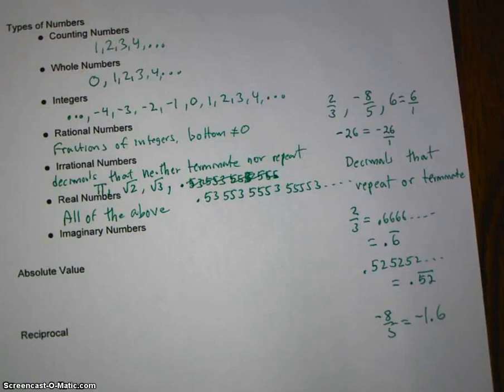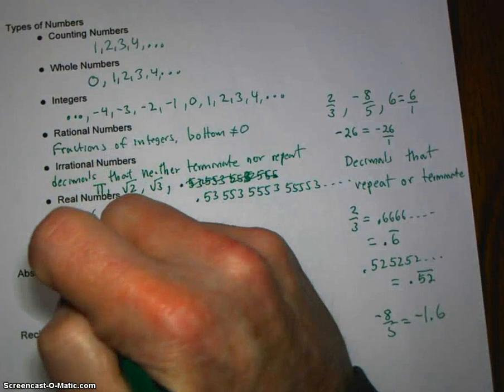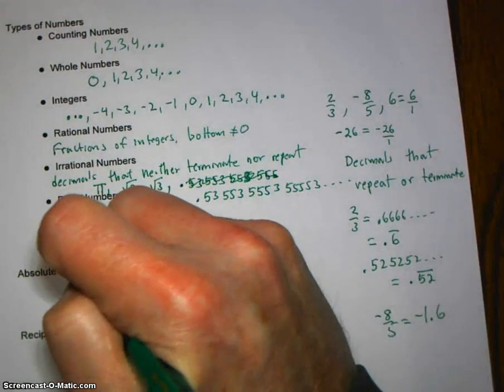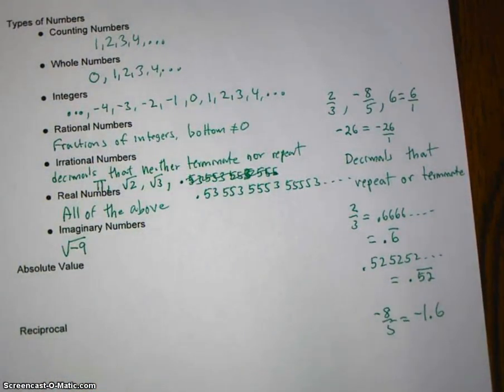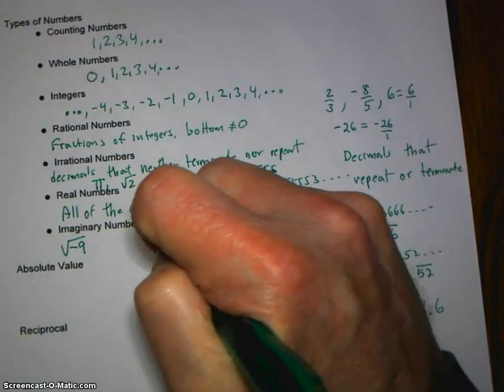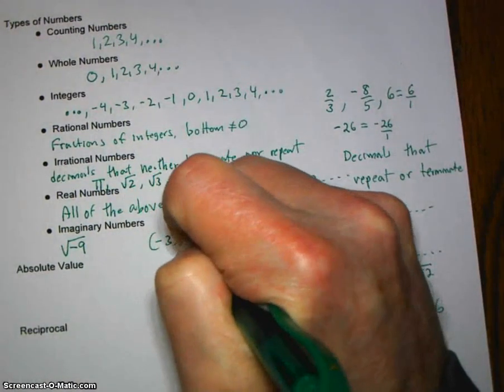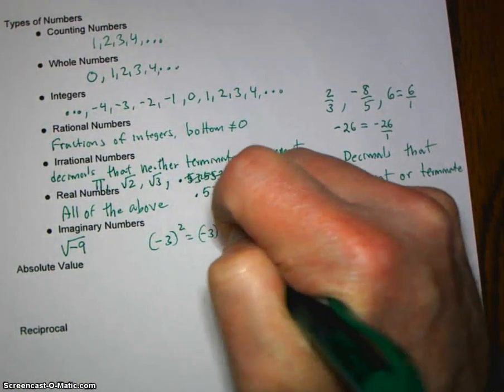And then we have something called imaginary numbers. Imaginary numbers come out of square roots, such as the square root of -9. Now, a lot of people, when they first see this, say the square root of -9 should be -3. But that's not right, because if I take -3 and square it, that's -3 times -3.